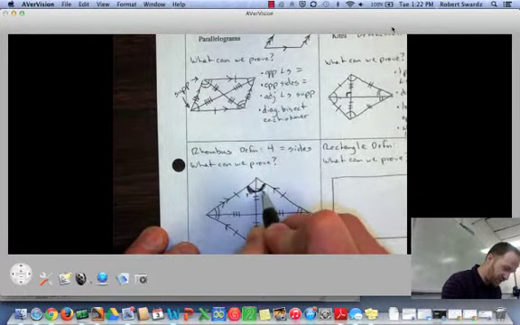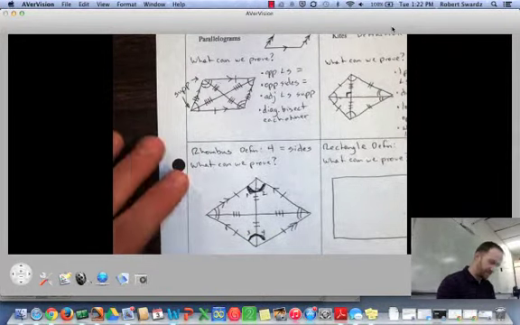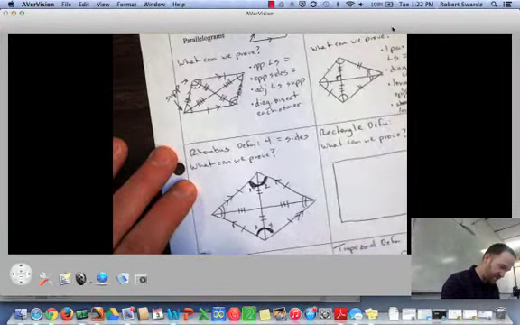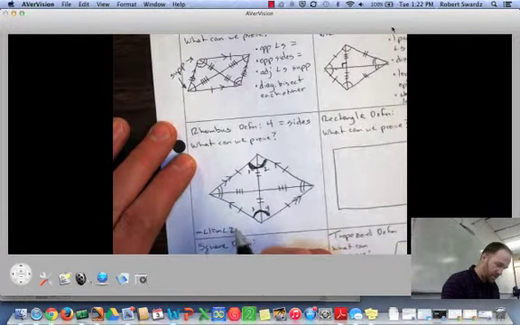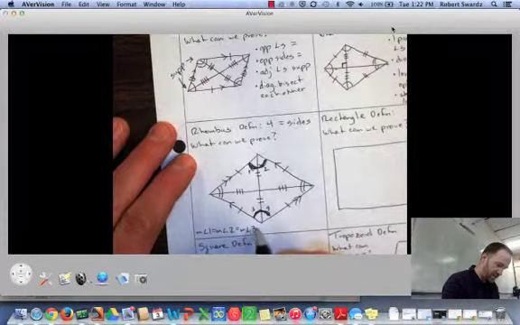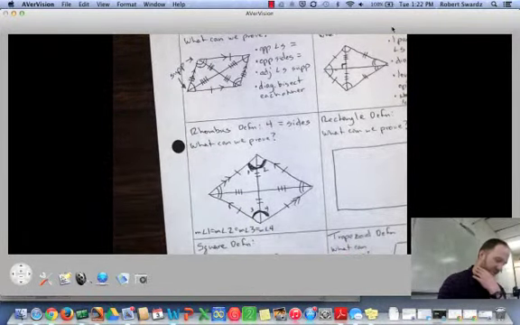I'm going to call these angle 1, angle 2, angle 3, and angle 4. The measure of angle 1 equals the measure of angle 2 equals the measure of angle 3 equals the measure of angle 4. Those are all the same.